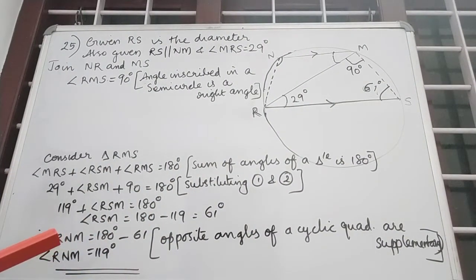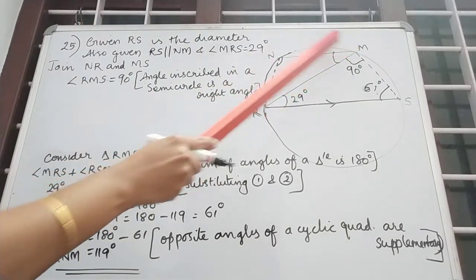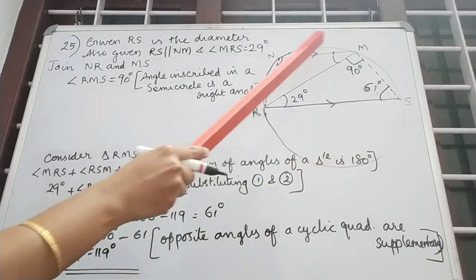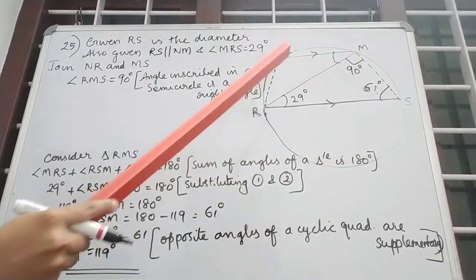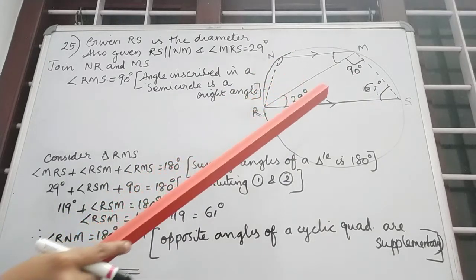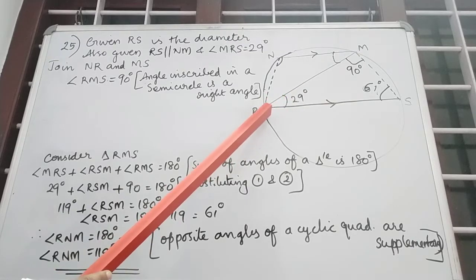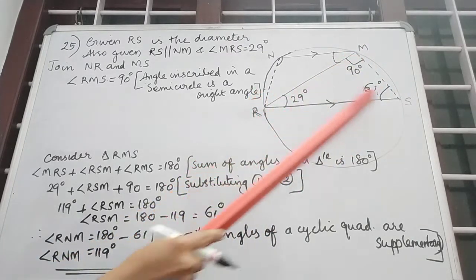Then RNM. What about RNM? We know this is a cyclic quadrilateral. So opposite angles of a cyclic quadrilateral are supplementary. So consider angle RSM.